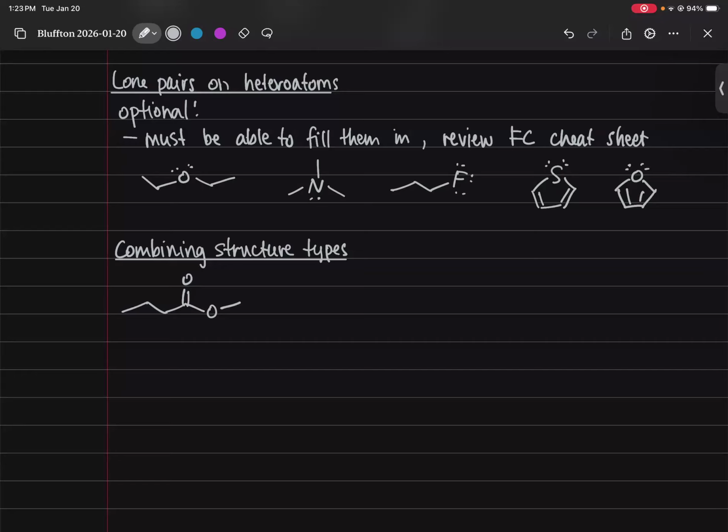Sometimes to get around that, we will draw any ambiguous parts as condensed structures. So here, this bit is skeletal, and that part is condensed.